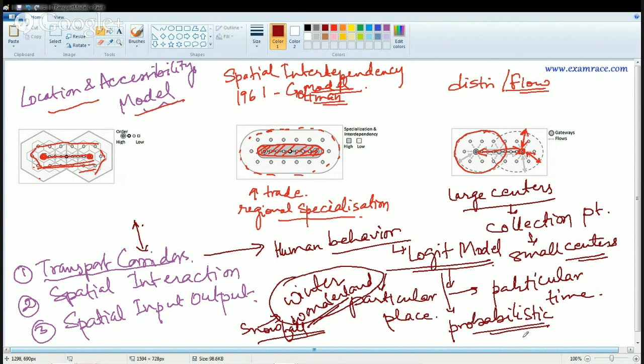So there is a higher probability of people visiting in that season or at that point of time of the year. So these were the concepts given under transport corridors.